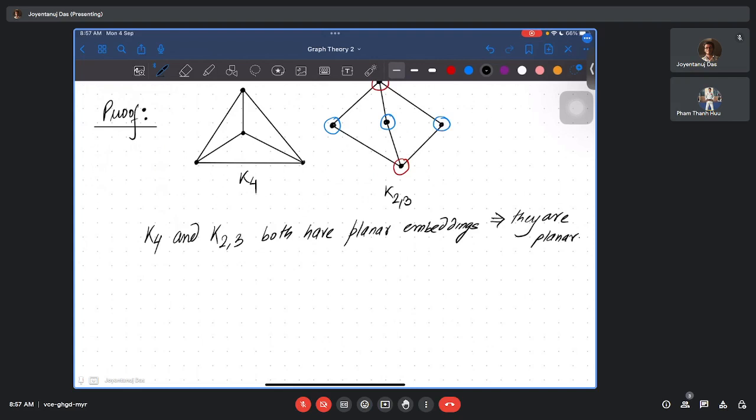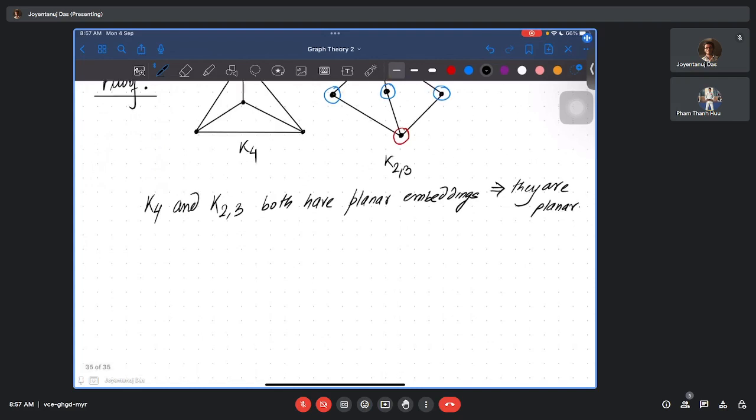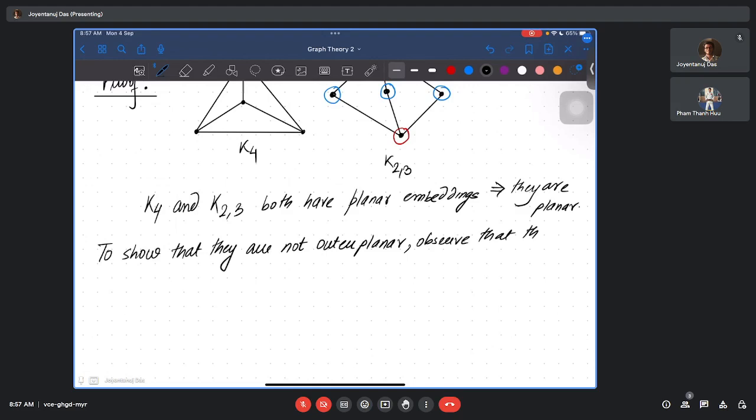Now, to show that they are not outer planar, observe that they are two connected, right?